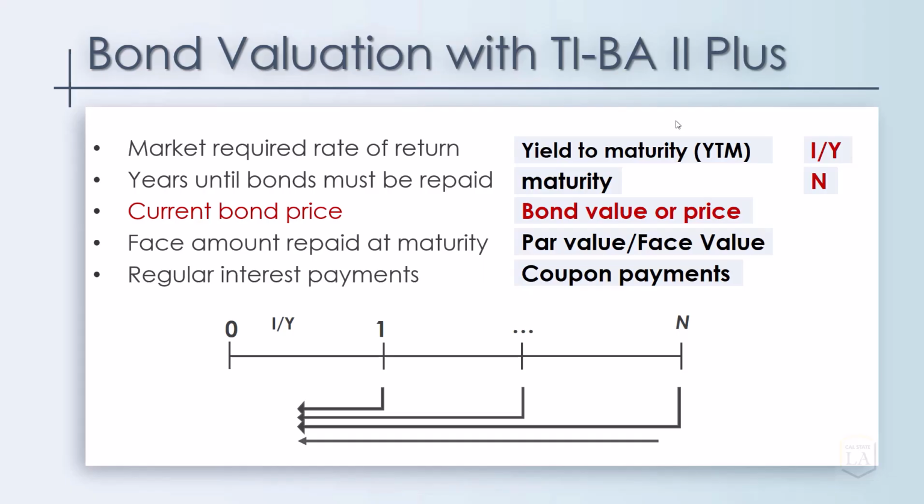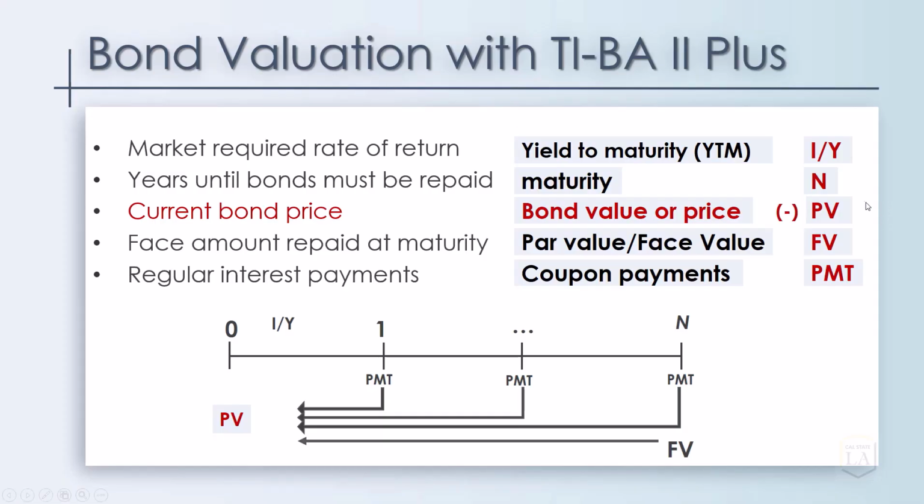The third one, par value or face value, will be FV, or future value. And the regular interest or coupon payments would be PMT. So once you figure out what your I/Y, PMT, and FV should be, then with that, you're computing PV. And that would give you what the current bond value or the current bond price should be.